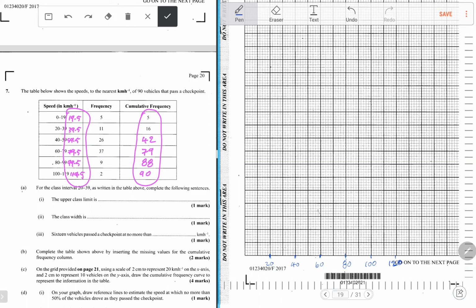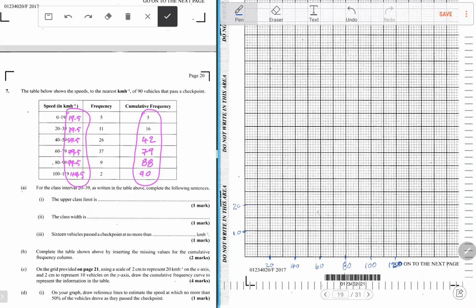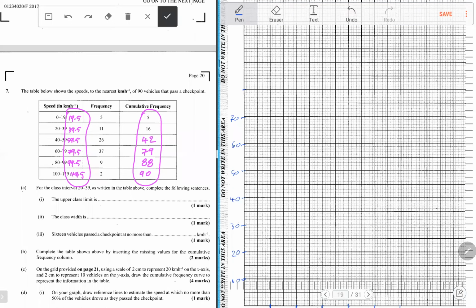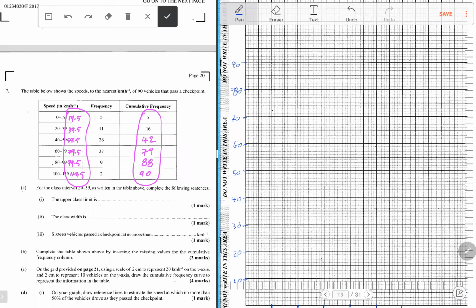Then up here now is 2 centimeters to 10, they said. So this is 10, 20, 30, 40, 50, 60, 70, 80, 90 vehicles.